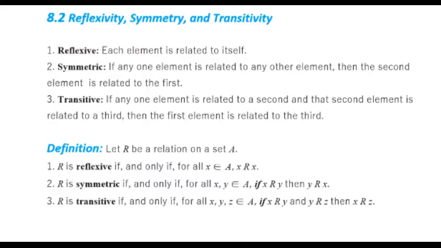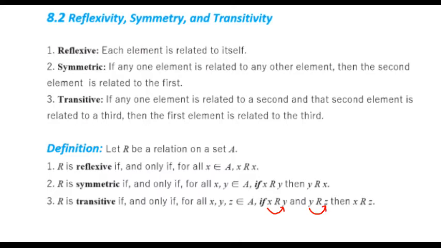for every 3 elements x, y, and z belonging to A, if x is related to y by R and y is related to z by R, then x is related to z. So you can see this relation x and y right here, and relation y and z right here.